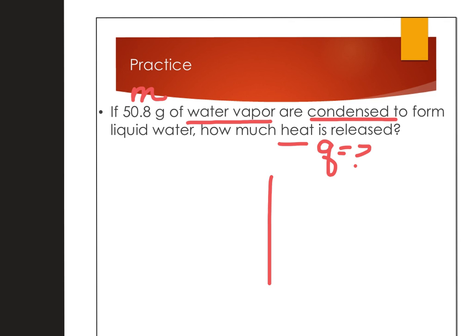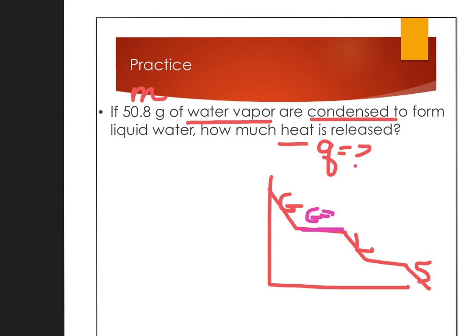Condensed means I'm going from a gas to a liquid. So here's my gas, liquid, solid. Look where I am now. I'm right here. Condensed, I'm going from gas to liquid.